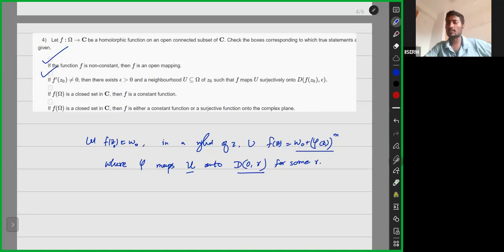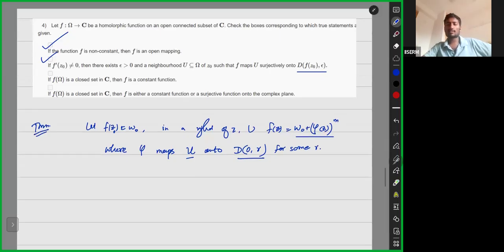It changes from 0 to w naught. So that is what is written here. Okay. So this is the correct option. This is a lemma before the open mapping theorem. So you just remember a small thing. Okay. I don't see any problem here.